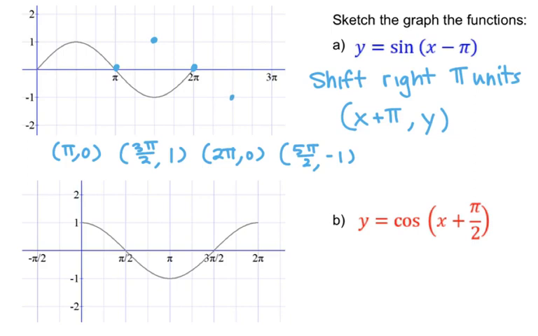And my last point, 2 pi, adding pi to that, that gives me 3 pi, 0. So I still have that cosine curve. It's just shifted to the right pi units.